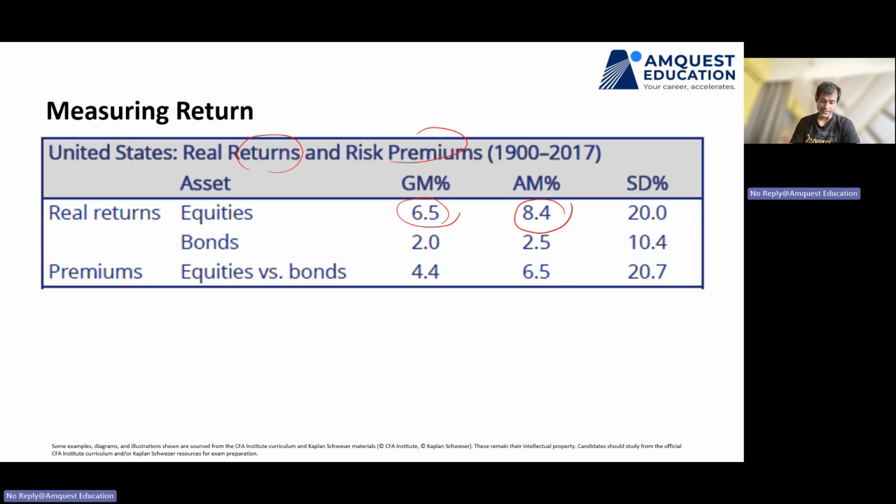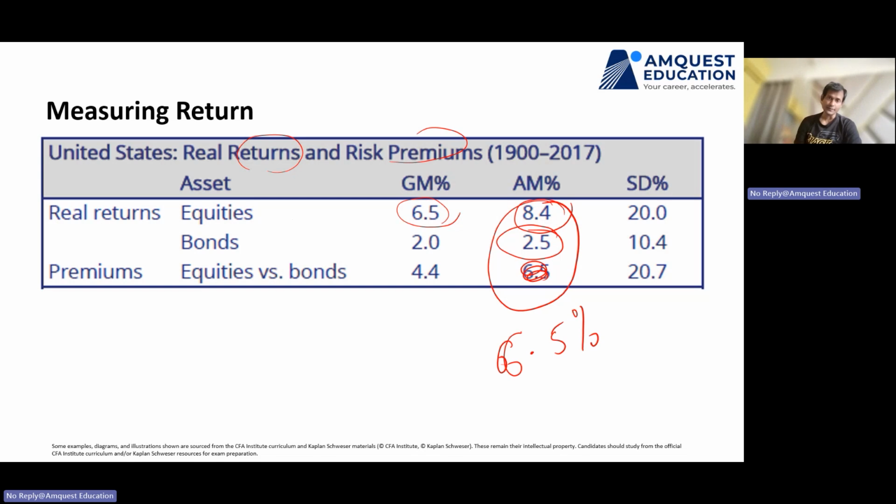The bonds, which are safer, gave only 2.5, which means the excess that equity gave over bonds was 6.5%. This is the premium that was earned.